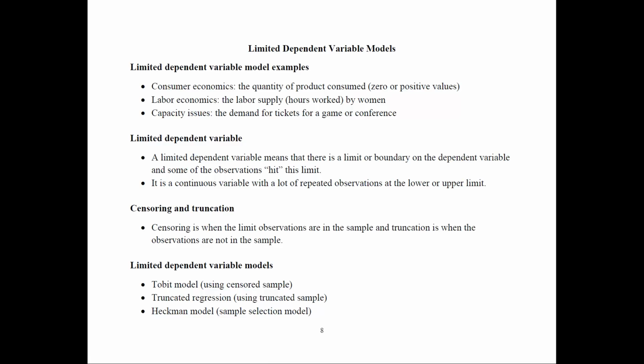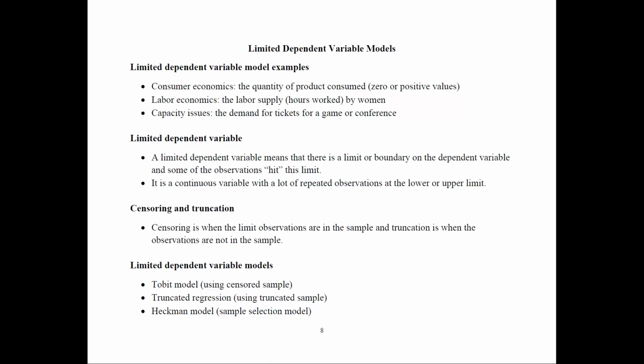We will talk about two different things, including censoring and truncation. Censoring is when we have those observations that are zeros or hit the limit in the sample, and truncation is when we don't have them in the sample, meaning we did not survey them.